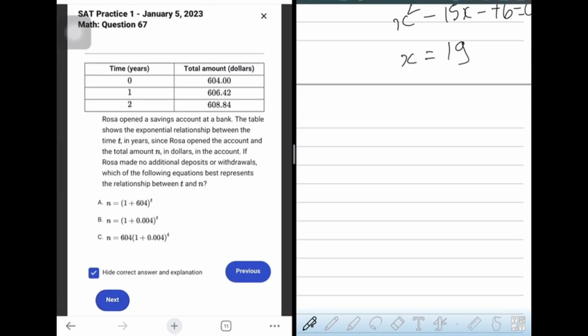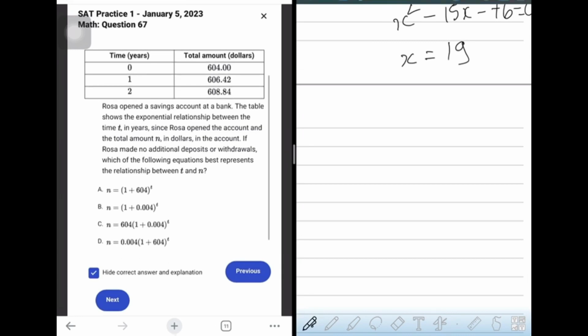So you see, when the time is 0, it means t equals 0. The total amount is 604. So when you consider the choices, when you replace t equals 0, n has to equal 604.